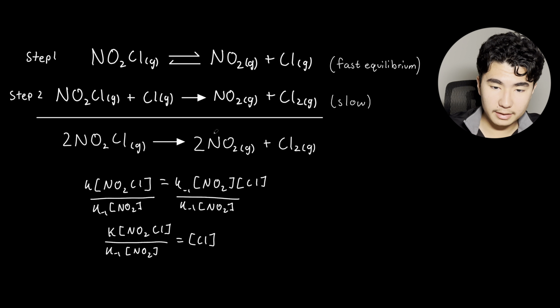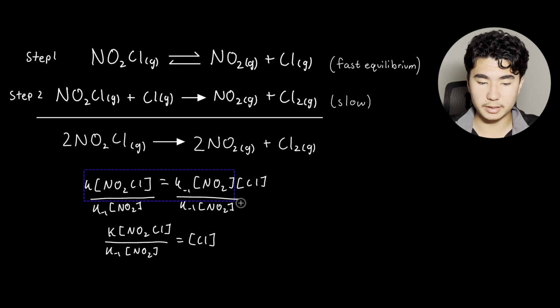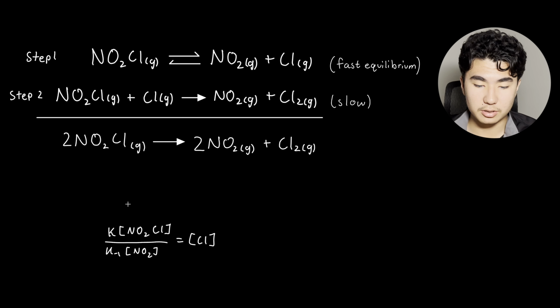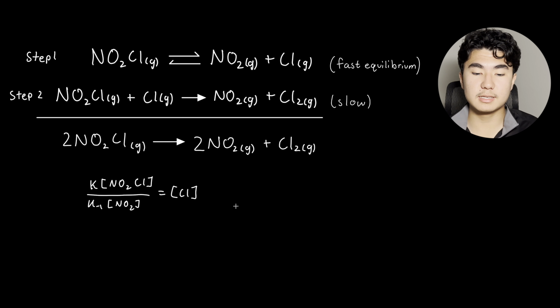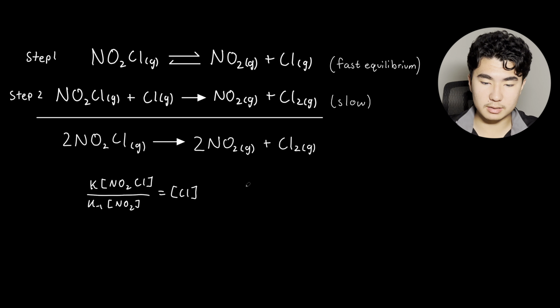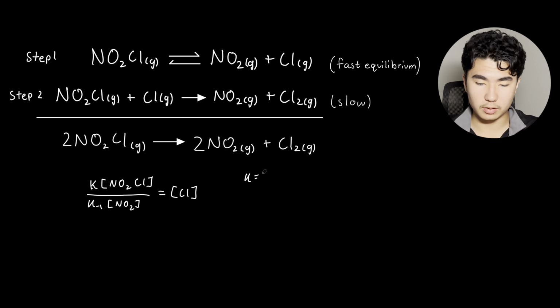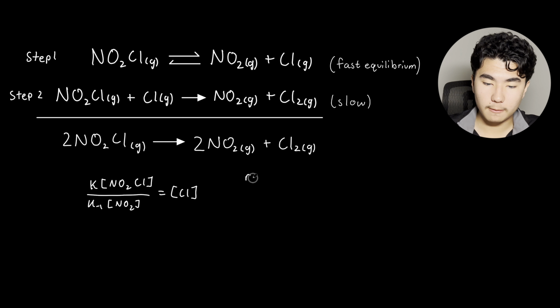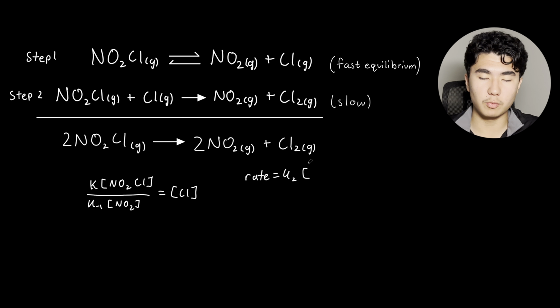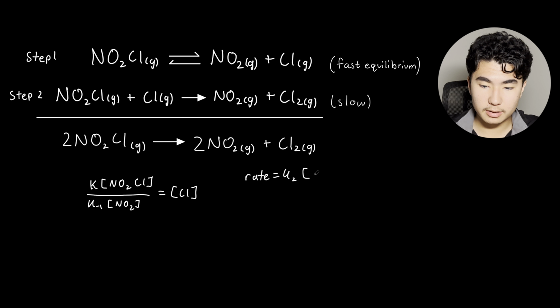So now that we know that, I'm just going to delete this stuff over here. You can pause the video if you want to see this again, but I'm deleting it so we have more space. So that's Cl over there. Now, what about our slow step? Our slow step is rate equals k2. This is a different rate constant, and that's why I'm calling it k2. So [NO2Cl][Cl] over here.